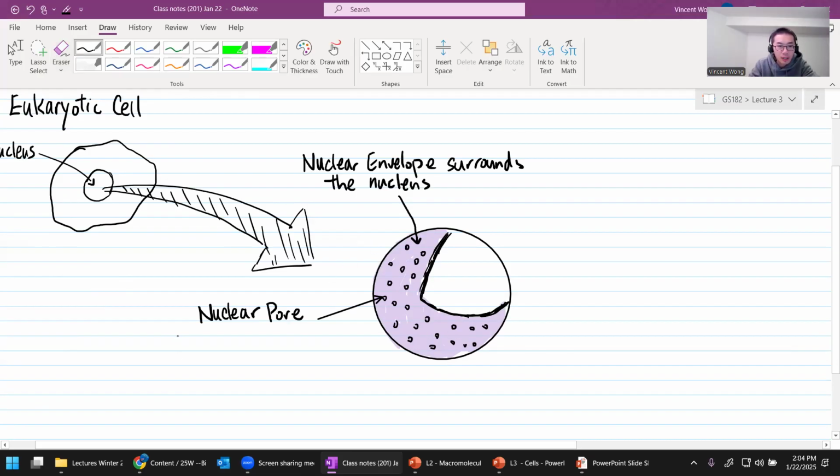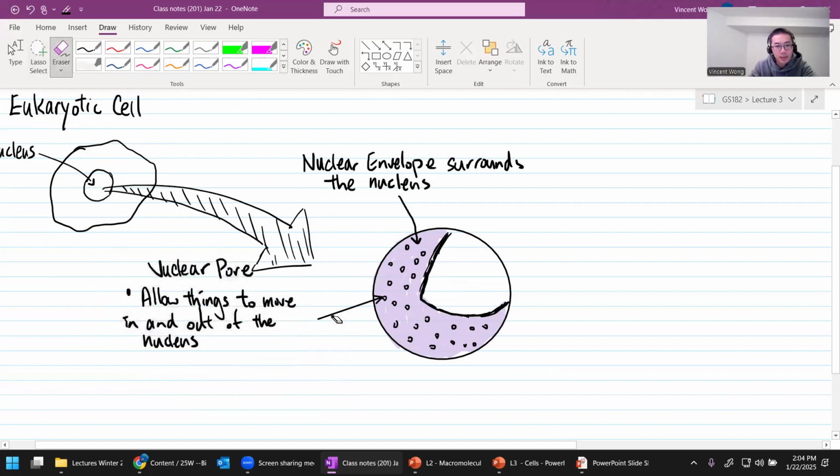And the function of the nuclear pores are to allow things, I'll tell you what things later, to move in and out of the nucleus. Okay. I'm just going to move it over here, give myself more space. Nuclear pores.